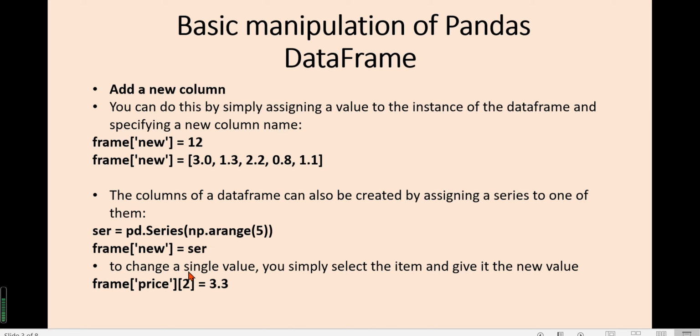And if you want to change a single value of the data frame, you simply select the item and give it the new value. For example, we can change the third value of the price column to 3.3. Just write frame, bracket price, then bracket 2, and the value on the right side is 3.3.